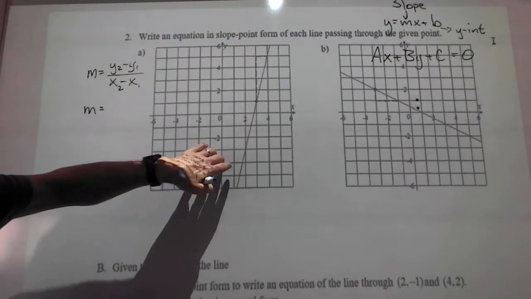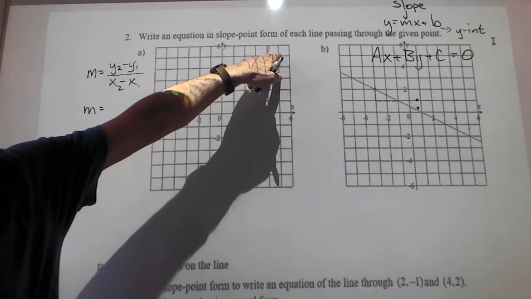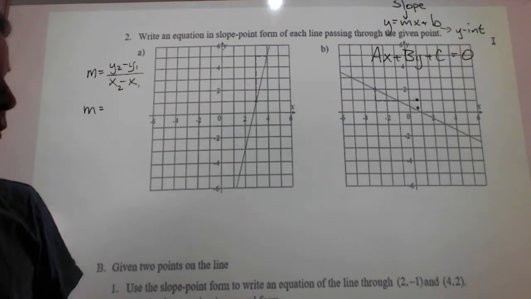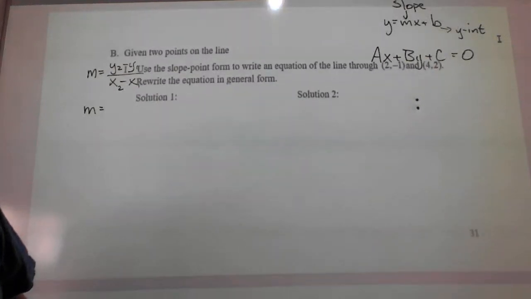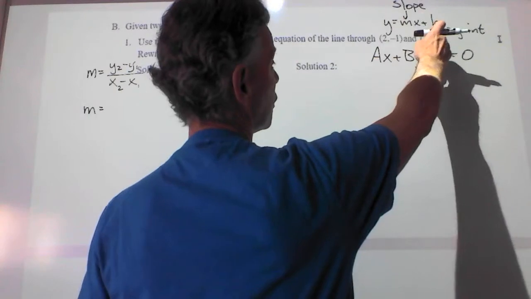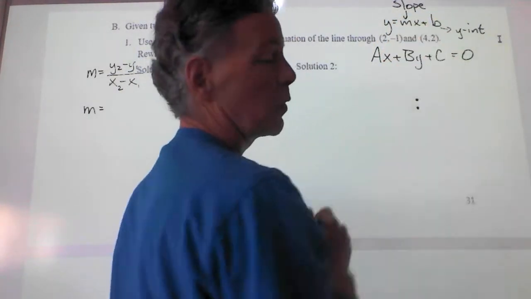In the last question, we had a graphed line. We could easily find 2 points on the line. We plugged them into our slope formula, and we got our slope-point formula. The only difference with this next question is we haven't been given a graph, but we've still been given our 2 points. So our points are 2, -1, and 4, 2.